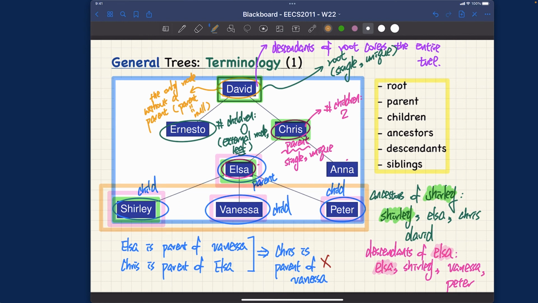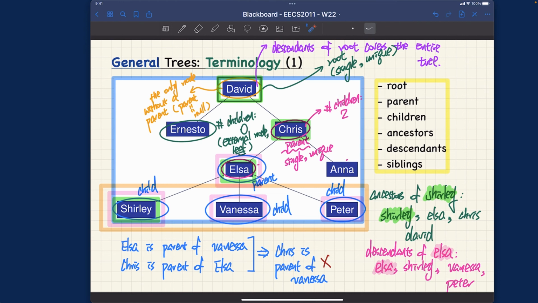You might be wondering, given that these three nodes are siblings, do we have any notion about which node might be elder and which one might be younger? We don't really have the notion of elder versus younger in the case of tree terminology, but we do have a notion about which node may have to come before other nodes. In that case, it's called an ordered tree. So just keep that in mind.